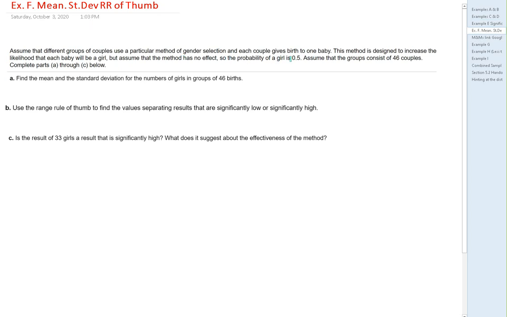That is, the probability of a girl is 0.5. Assume that groups consist of 46 couples. Complete parts A through C below. Part A says find the mean and standard deviation for the number of girls in groups of 46 births. This is really practicing stuff that we did in section 5.1, and I'm happy to do that.